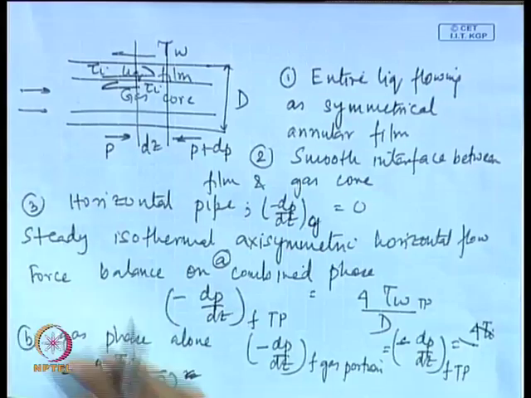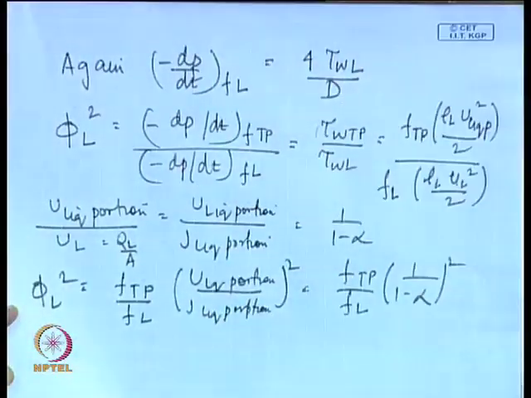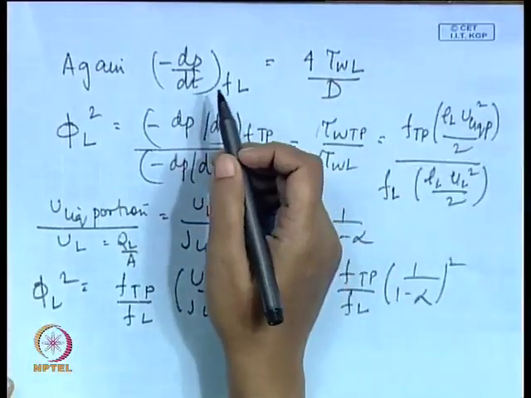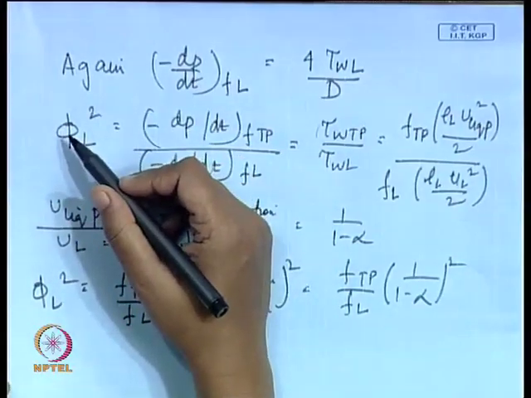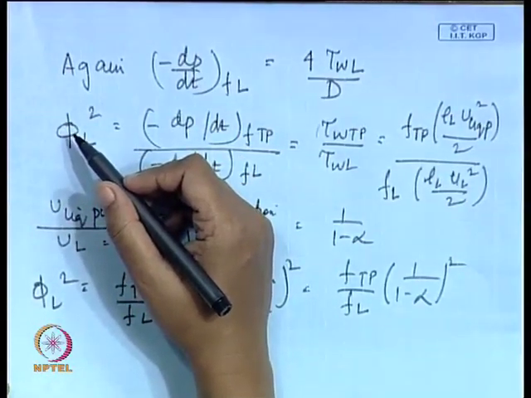Now, remember one thing. After that, suppose we want to find out phi L square. So, what is phi L square? Phi L square is nothing but the two phase frictional pressure gradient divided by the pressure gradient when only liquid flows in the pipe. So, for finding out phi L square, we have to find out the pressure gradient when only this liquid flows in the pipe.